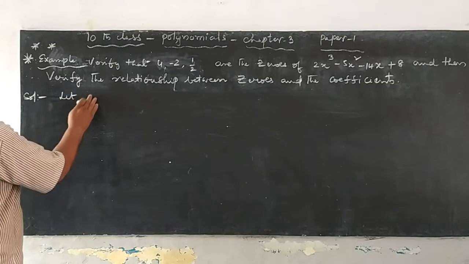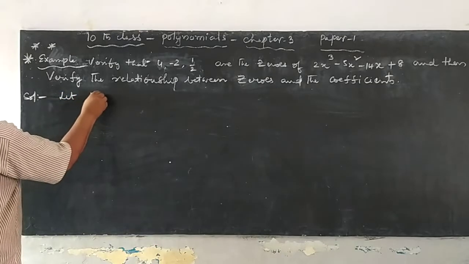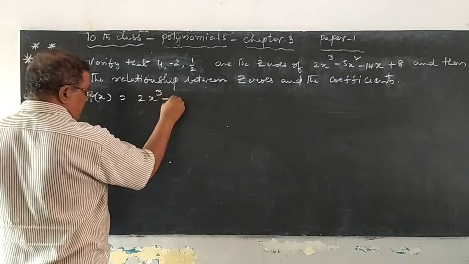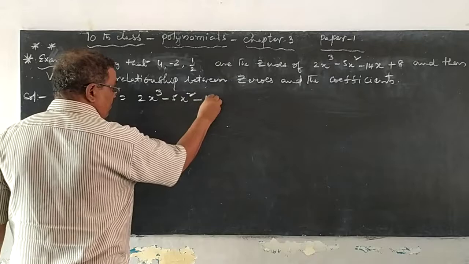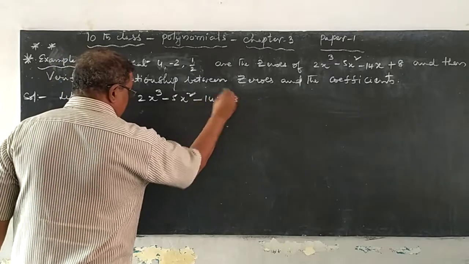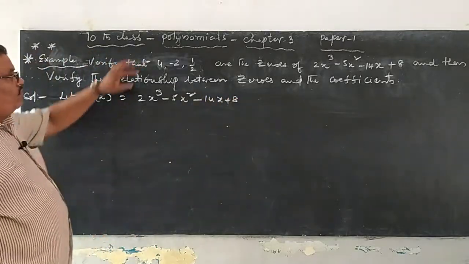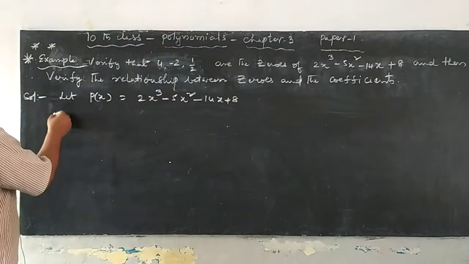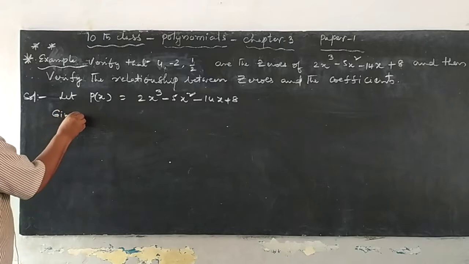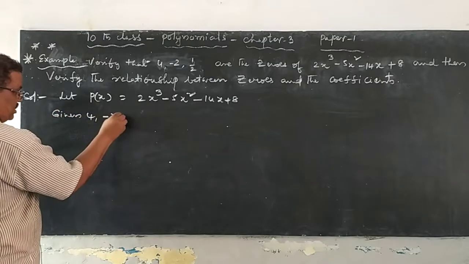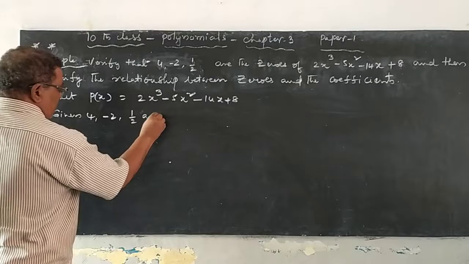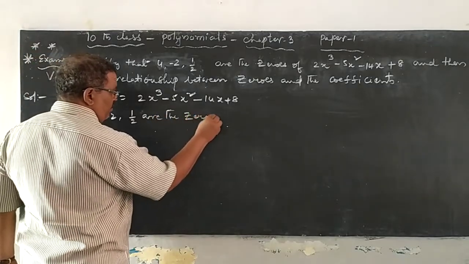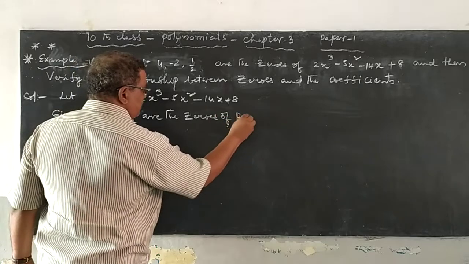Let the given polynomial be taken as p of x. P of x is 2x cube minus 5x square minus 14x plus 8. Here given for us, 4, minus 2, 1 by 2 are the zeros, that means roots, of p of x.